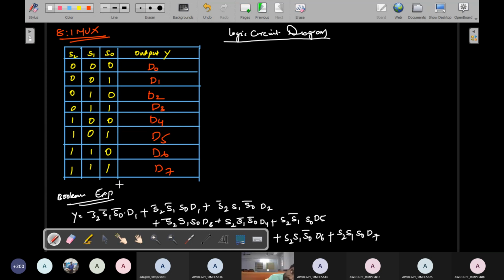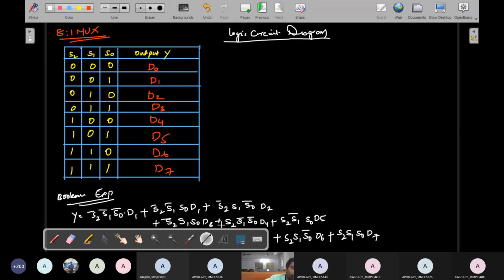First of all, we have 3 input terminals, so first I give one enable channel. There is no need of write enable. I'll give the final connection to all enable. So first of all, you write S0, S1, S2, the 3 input terminals.